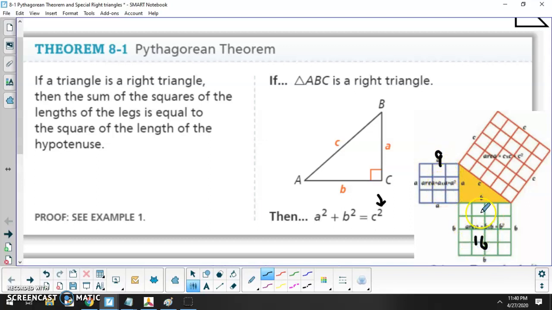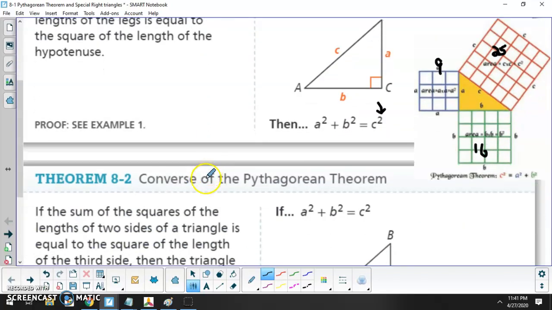So there's 9 little squares and there's 16 little squares. Well, the third side, the longest one, will have that same area. If you add the blue and the green squares together, you get the area of the red square. And that's true for any right triangle that you draw. The areas of the two smaller sides, added together, equal the area of the larger side. So this theorem is based off of area.